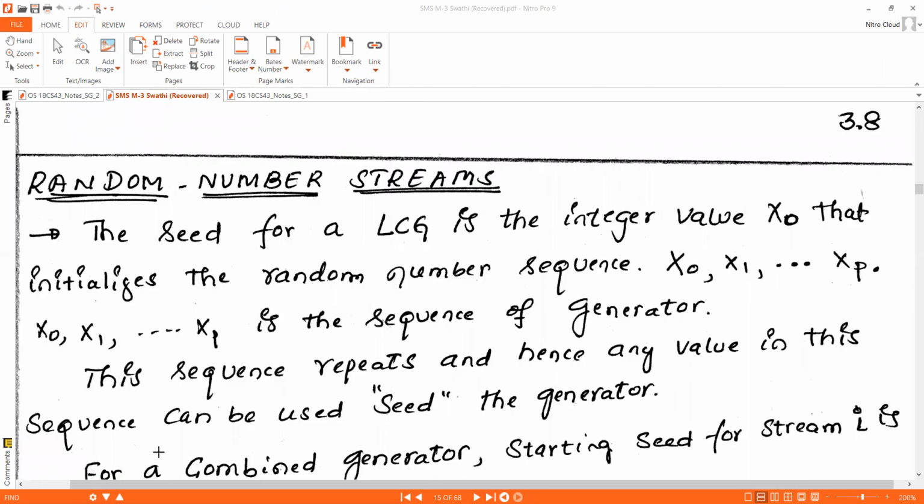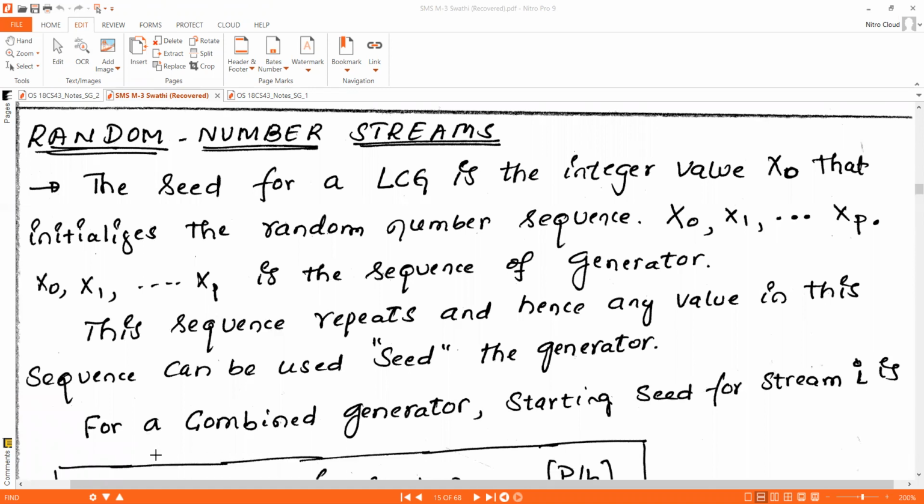Next topic is random number streams. The seed for the LCG is the integer value x0 that initializes the random number sequence, that is x0, x1 to xp.